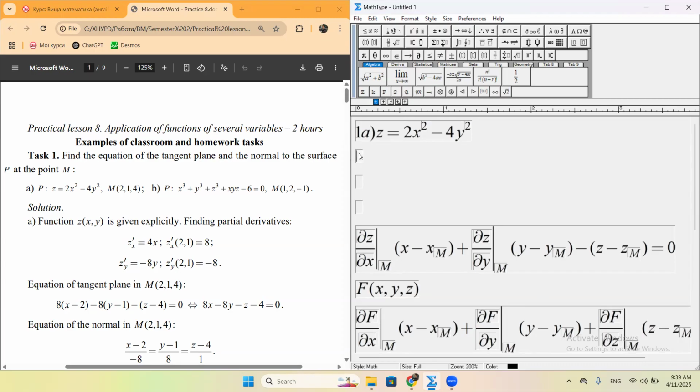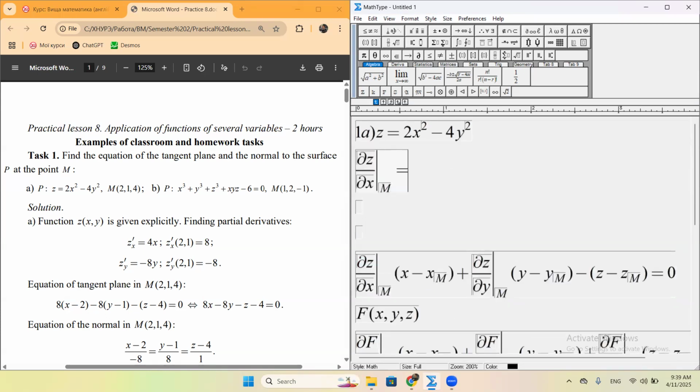So dz by dx at point M will be equal to 4x at point M. By the way, point M has coordinates 2, 1, 4.